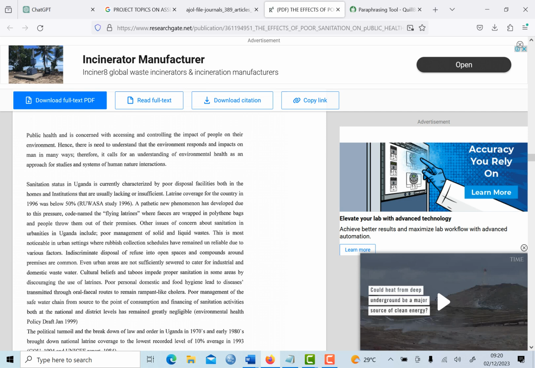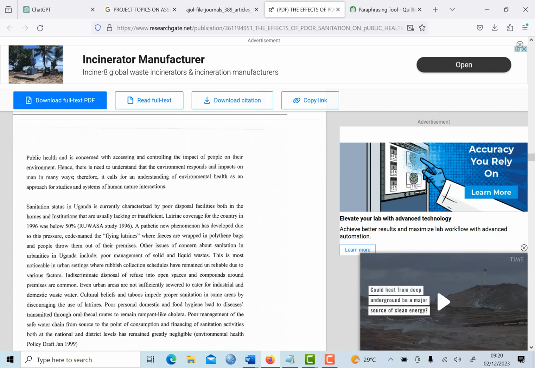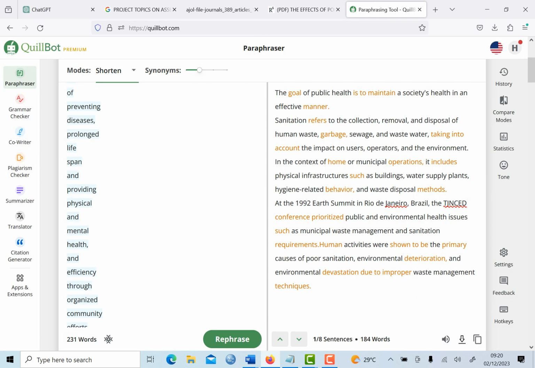You can see, public health is concerned with assessing and controlling the impacts of people on the environment. Hence, oh, this is nice. I love this. So you pick this also. You pick this with your paraphrasing tool and you paraphrase.